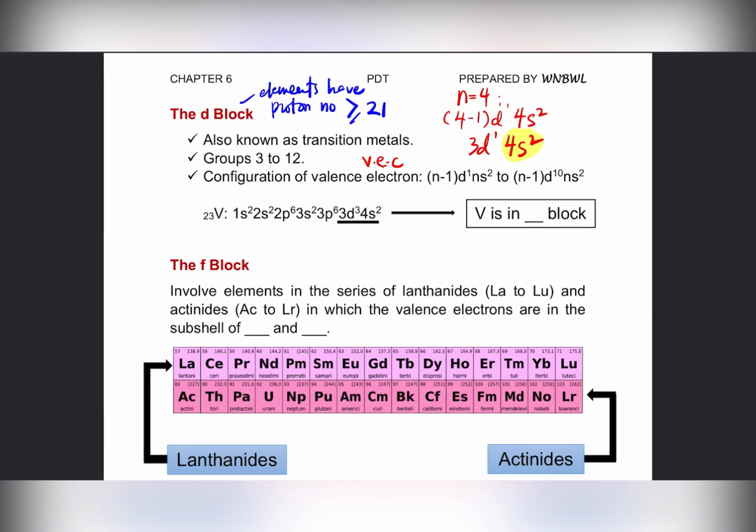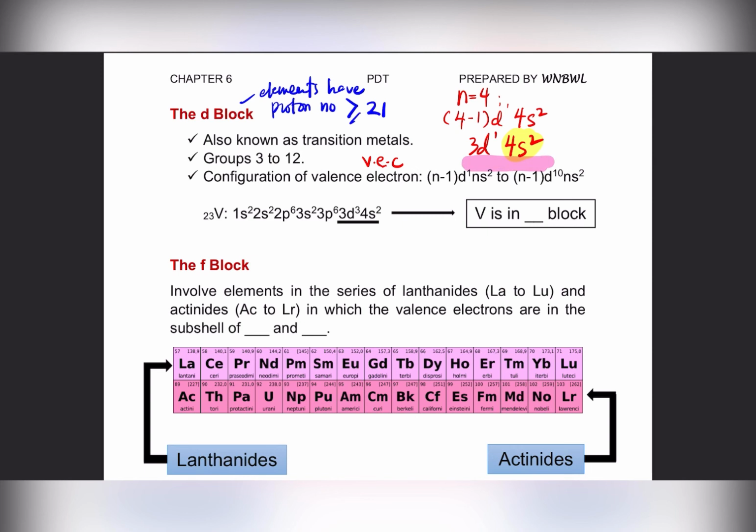So maknanya awak kena double check betul-betul, dan syarat dia mesti ada VEC like this. So maknanya VEC untuk D block awak tak boleh ambil 4s2 sahaja, awak mesti ambil sekaligus dengan 3d dekat depan.